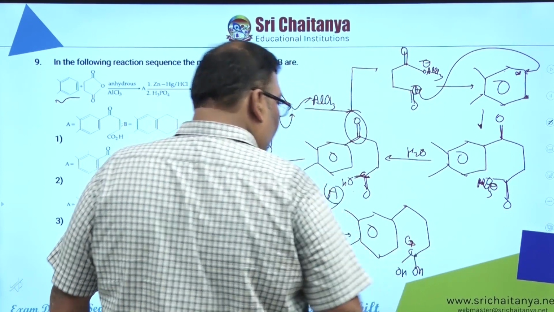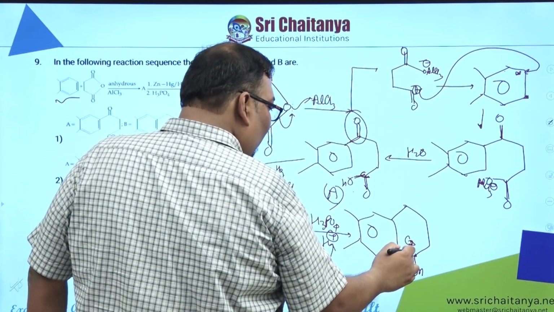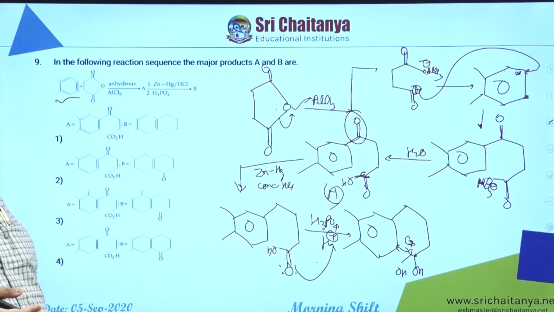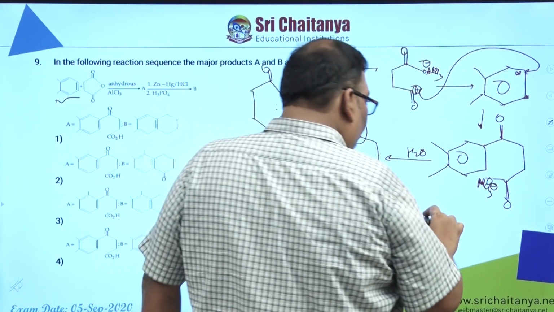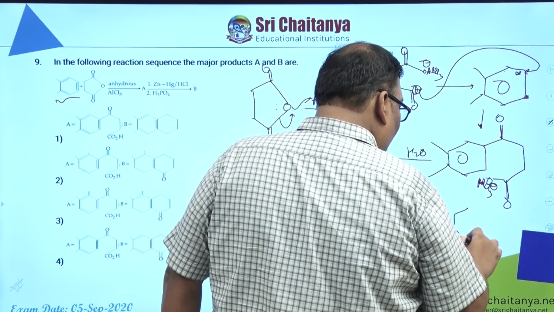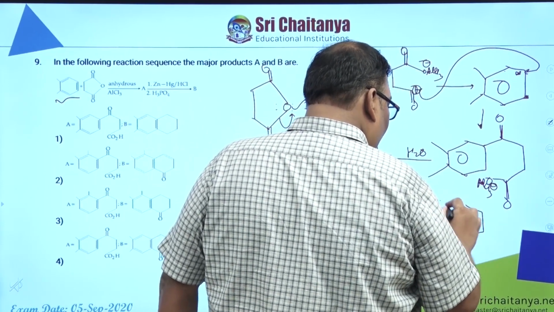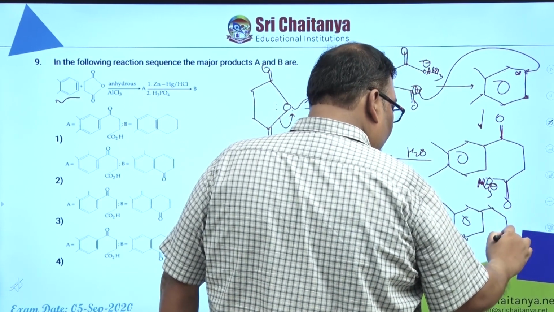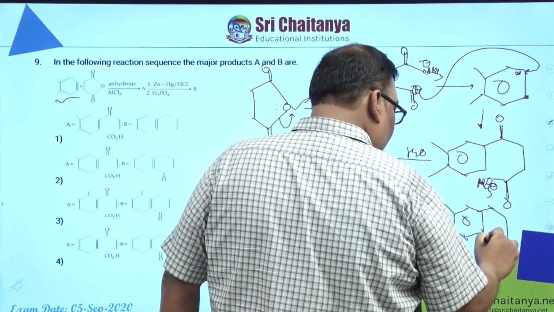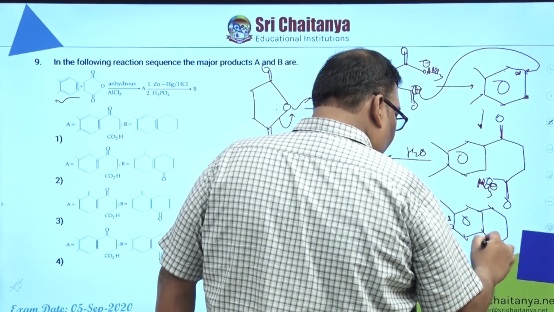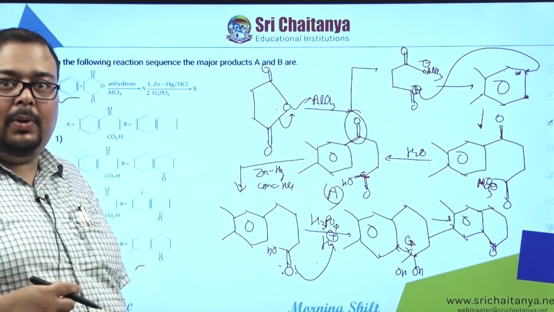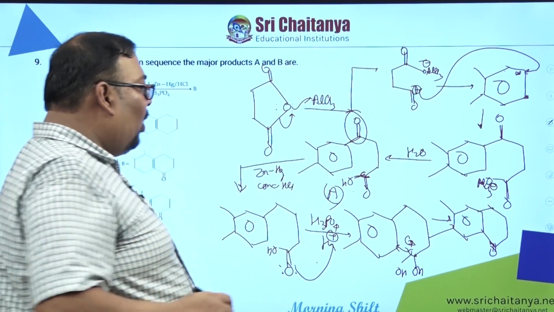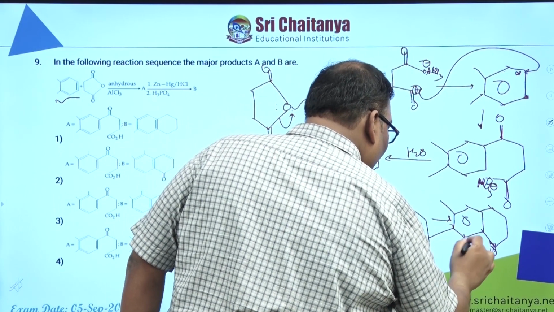There is a carbon here, and this carbon will be attacking this part of the molecule to complete the ring. What we will be getting finally is something like this. You will be getting two OH groups on the same carbon, which will dehydrate to give the carbonyl group. So ultimately the molecule B will be something like this.